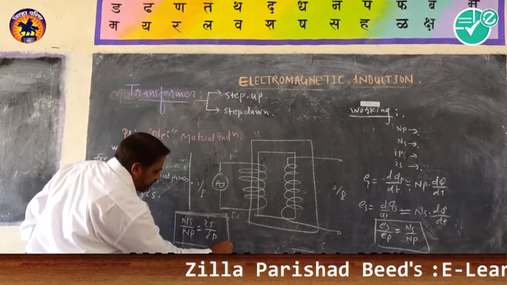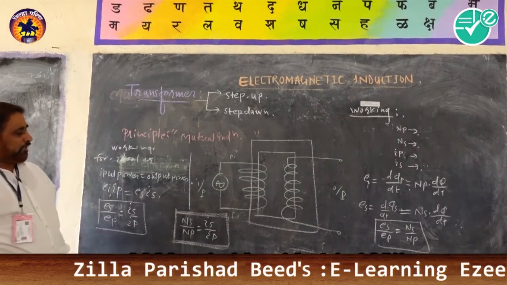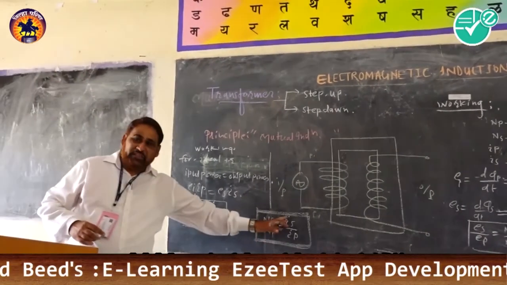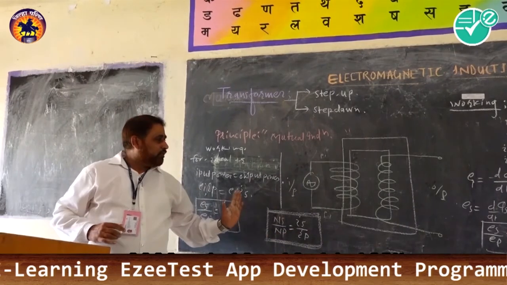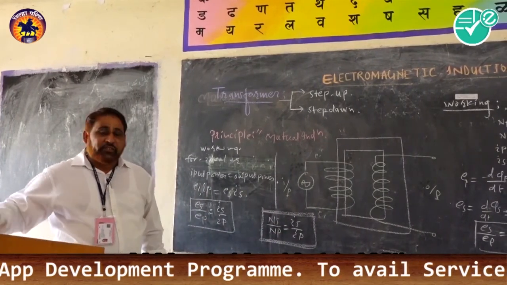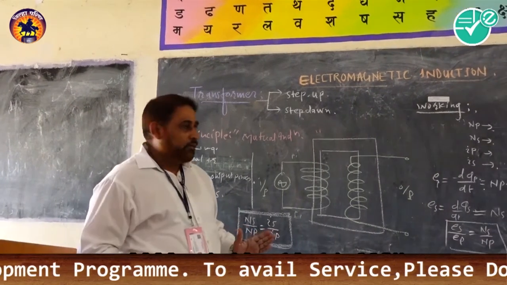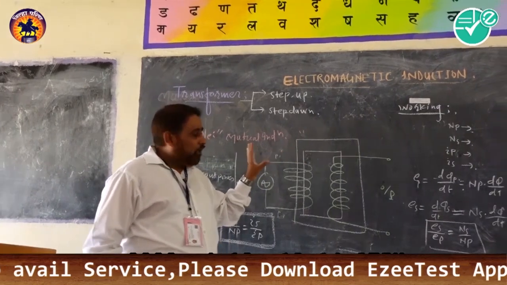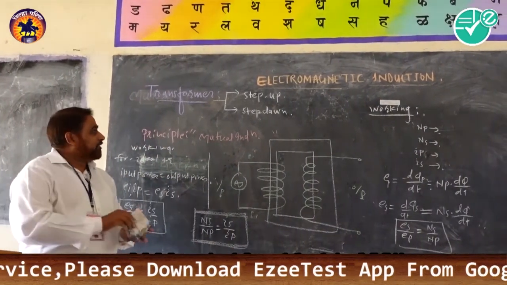This is the expression to calculate the secondary number of turns, the primary number of turns, the secondary current and the primary current. This is about the transformer. Now we shall go ahead and see the numerical problems based on the NEET or CET examination. This is about the theoretical part.